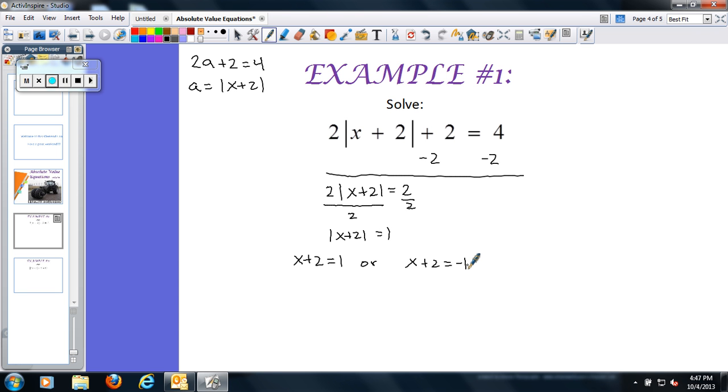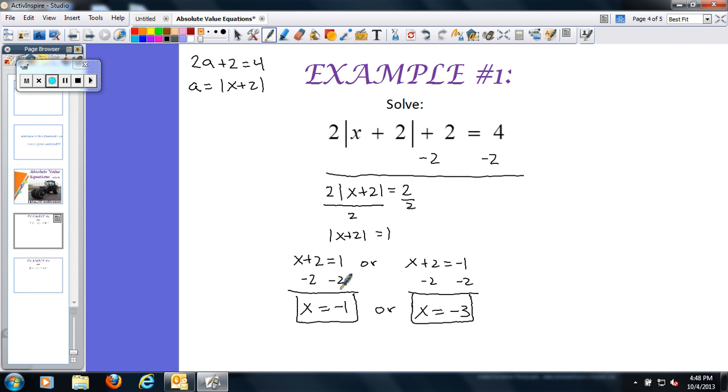And then from here, you can solve for x. I'm going to subtract 2 from both sides. I get x equals negative 1, or I subtract 2 here, and I get x equals negative 3. And here is our answer: x equals negative 1 or x equals negative 3. Now I want you to notice something real quick.